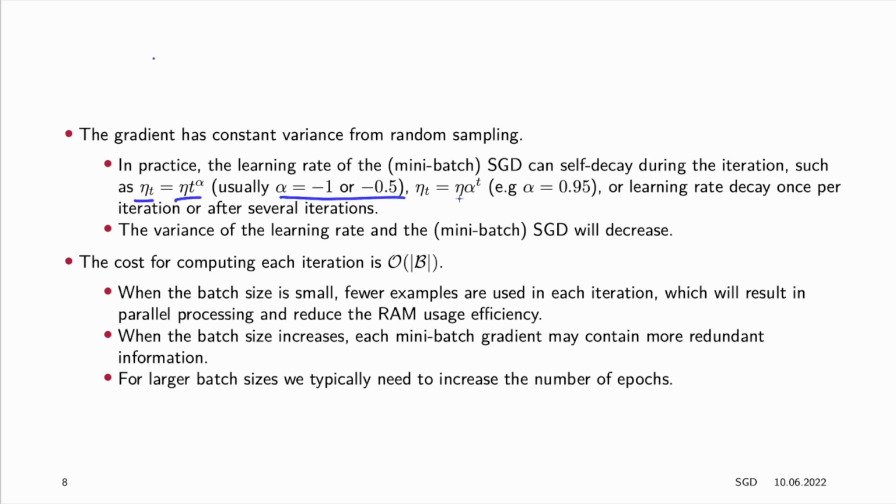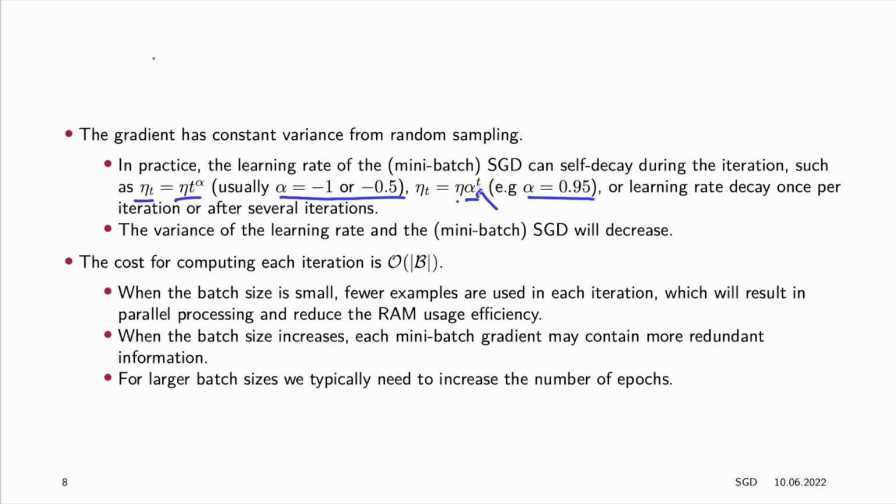Alternatively, we can also set it to some fixed eta times alpha to the power of t, with alpha a positive number that is a little bit smaller than 1, such that it's decreasing over time. So we're reducing the learning rate every iteration or every several iterations.